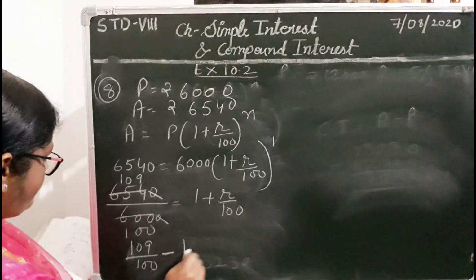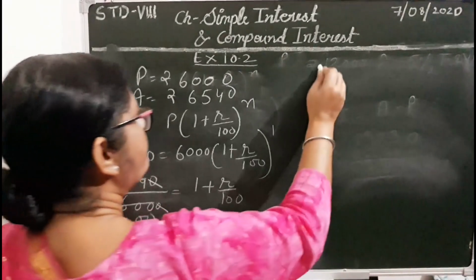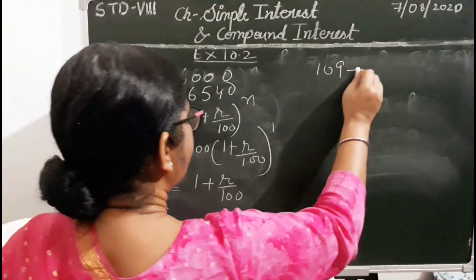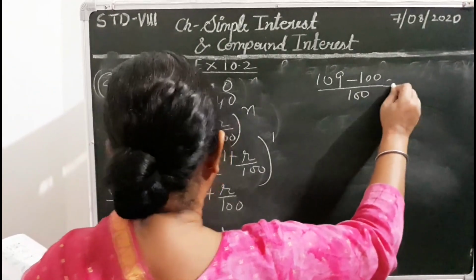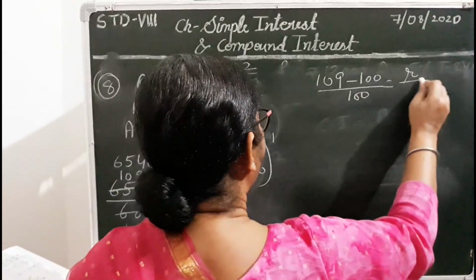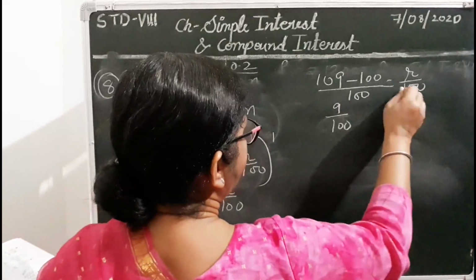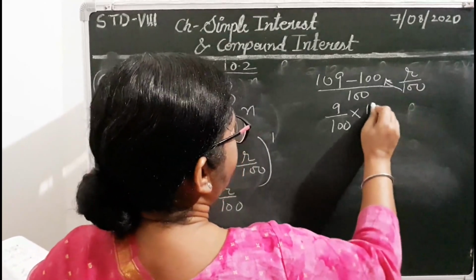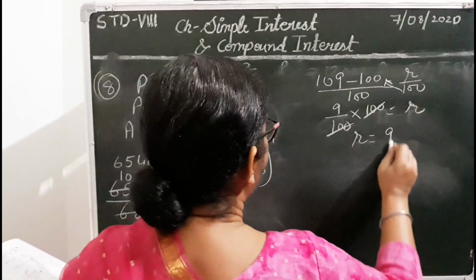This side will be minus 1: 109 minus 100 over 100 is equal to R over 100. Is 9 over 100. R is equal to 9%.